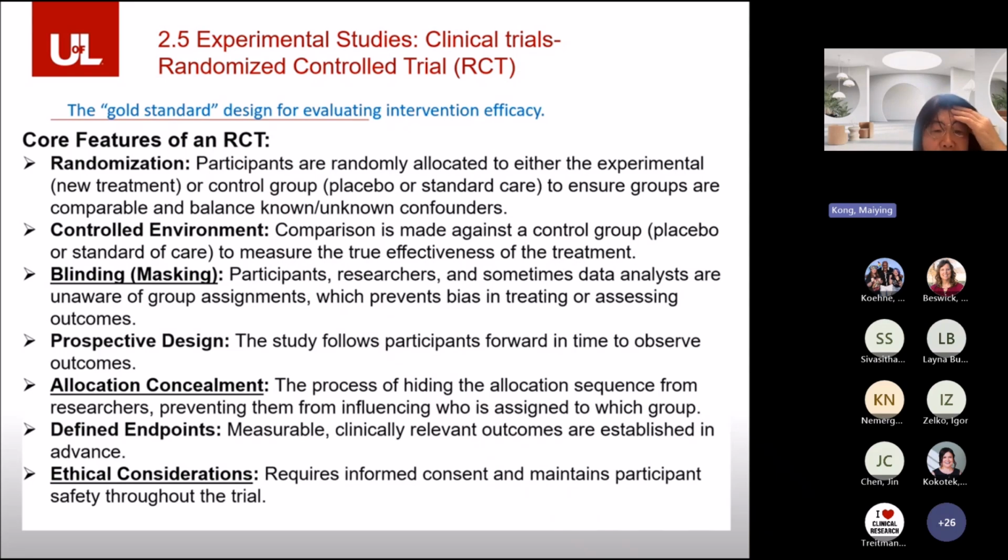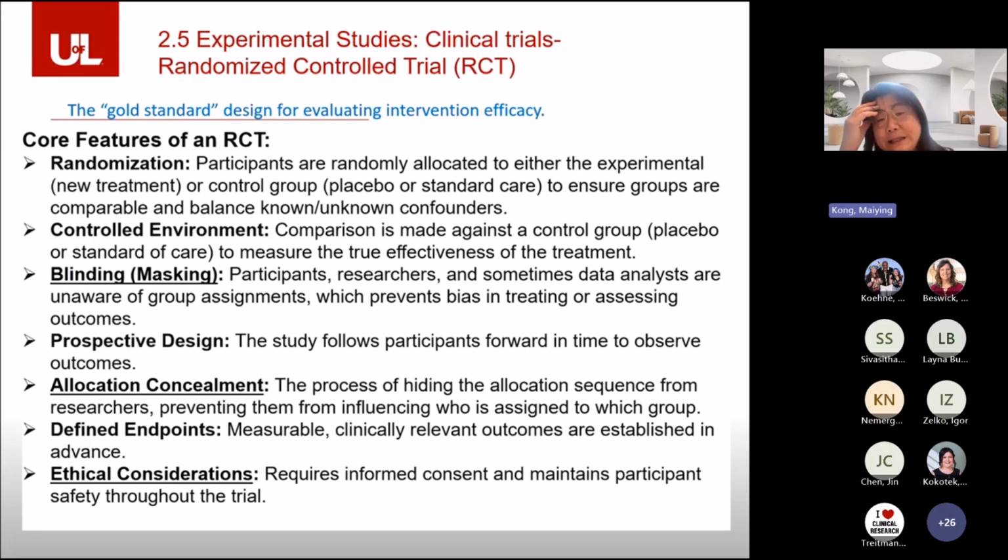The core feature here is randomization. Participants are randomly allocated to either the experiment or control group to ensure groups are comparable and balance known and unknown confounders. So it is in a controlled environment.